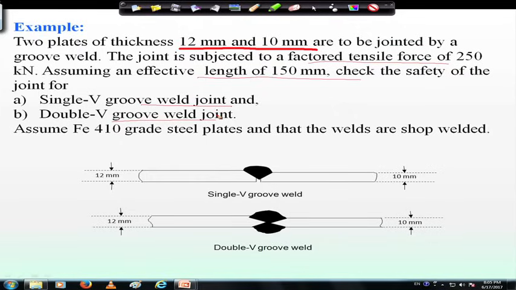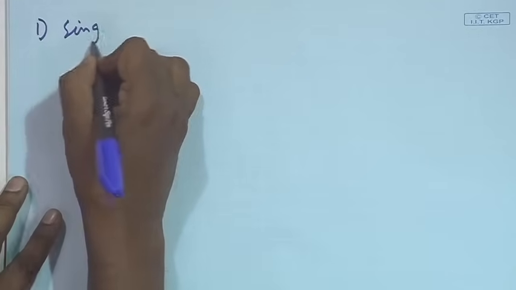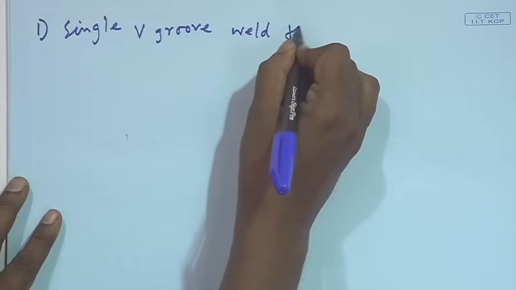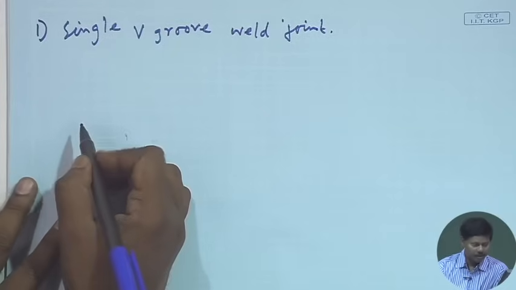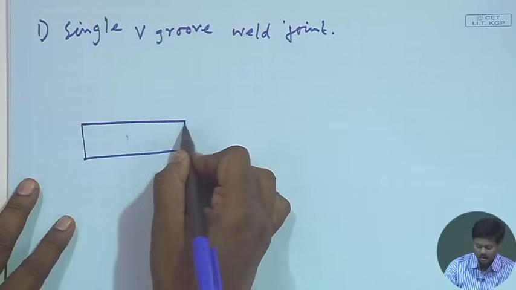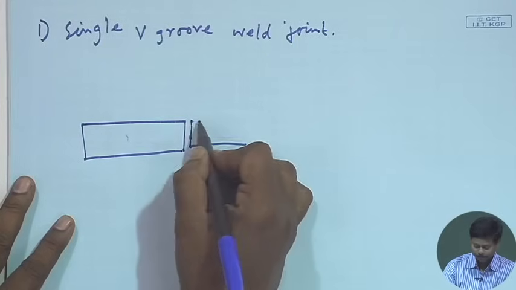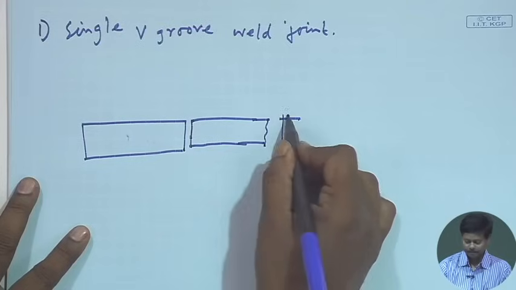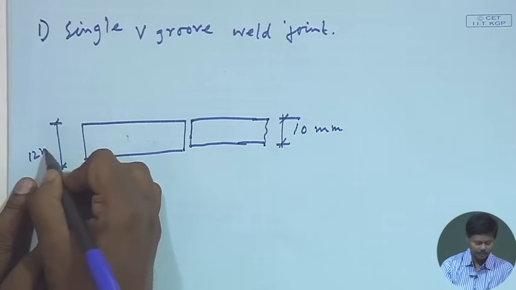Now, in the first case, we have a single V groove weld joint, with two plates of thickness 12 mm and 10 mm. So, this is 10 mm and this is 12 mm.